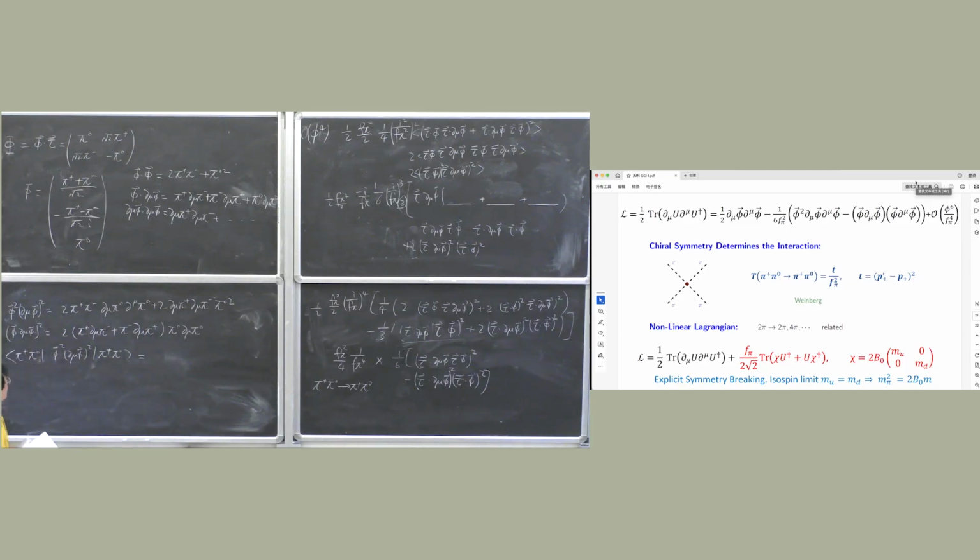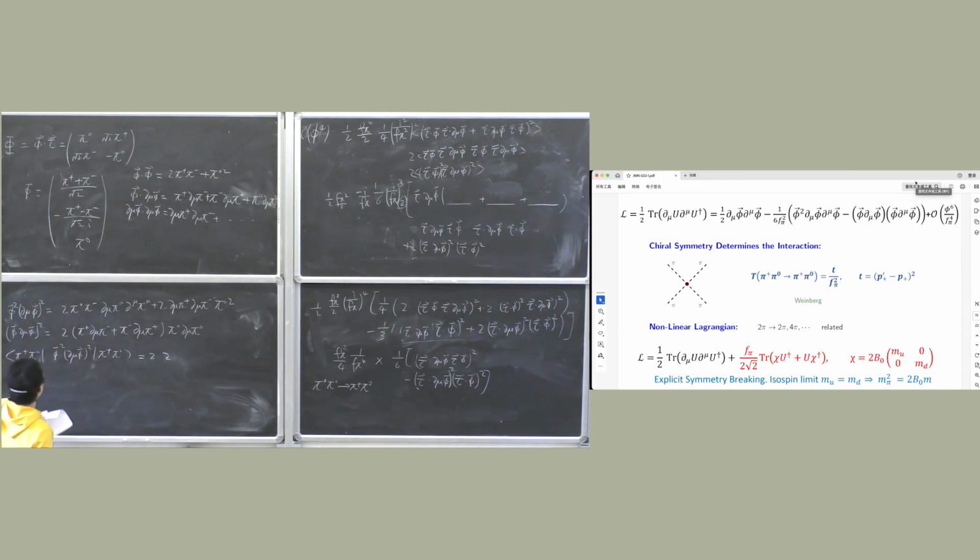Like, for example, this term, we should have the momentum of the pi 0 and pi 0 here. So what we have is 2, and also there's a symmetry factor 2 because the pi 0 can contract with this one or this one. So this 2 is from here.